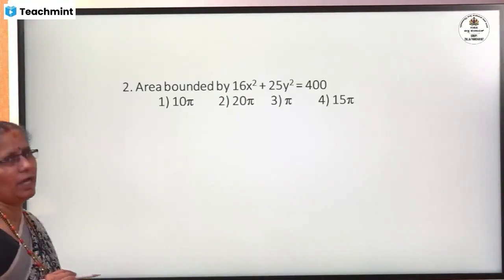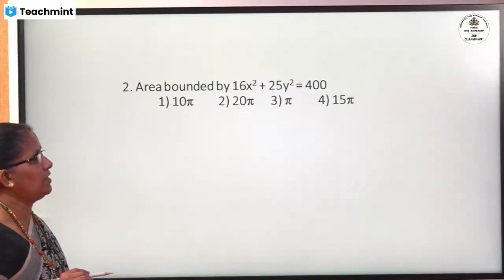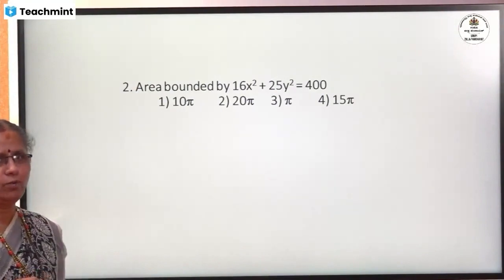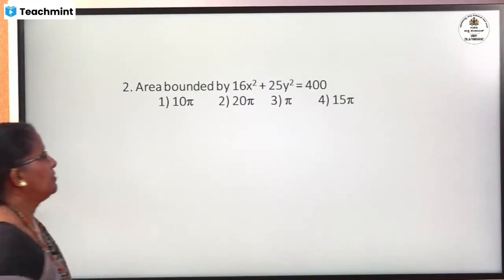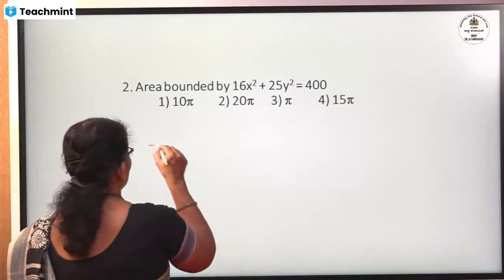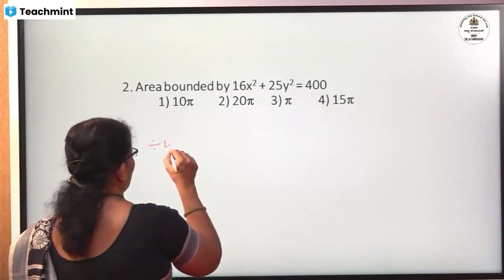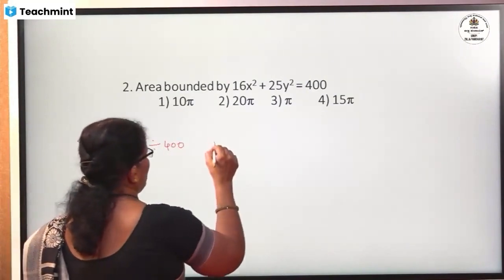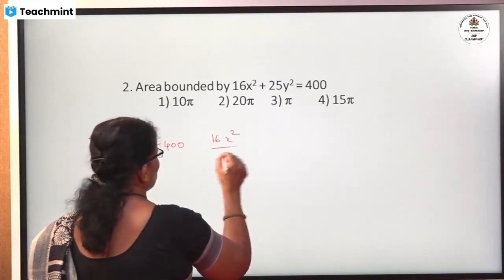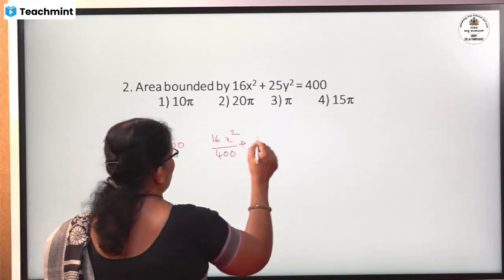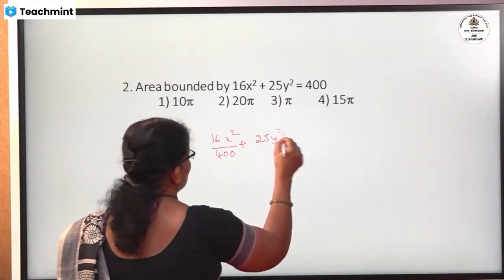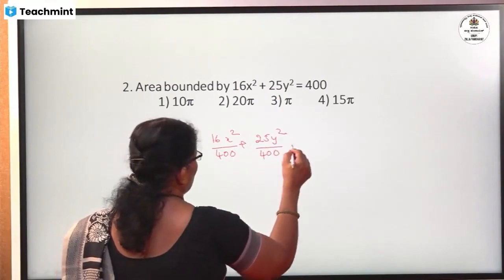Area bounded by 16x squared plus 25y squared equal to 400. What exactly does this represent? This represents an ellipse. So let us divide it by 400. It is 16x squared by 400 plus 25y squared by 400 is equal to 1.